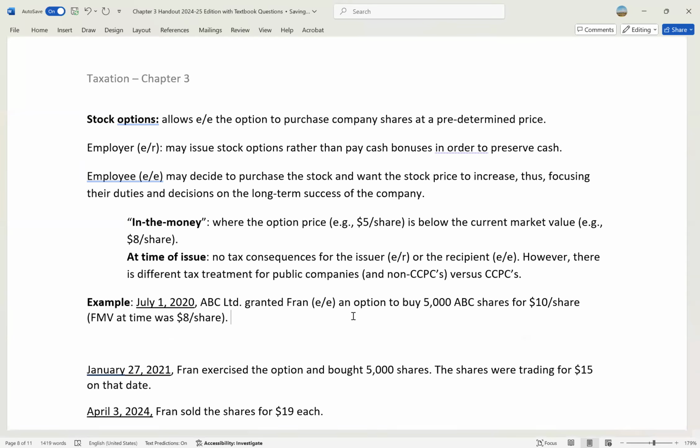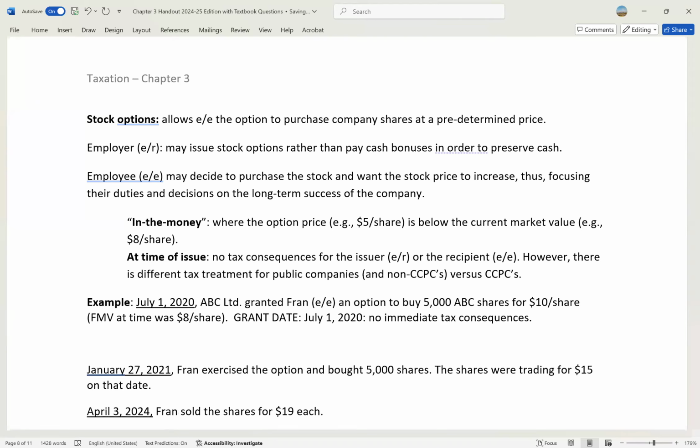So this is known as the grant date, July 1st, 2020. On July 1st, 2020, there are no immediate tax consequences. The option is just granted to Fran. She doesn't have to buy the shares if she doesn't want to. So there's no immediate tax consequences.